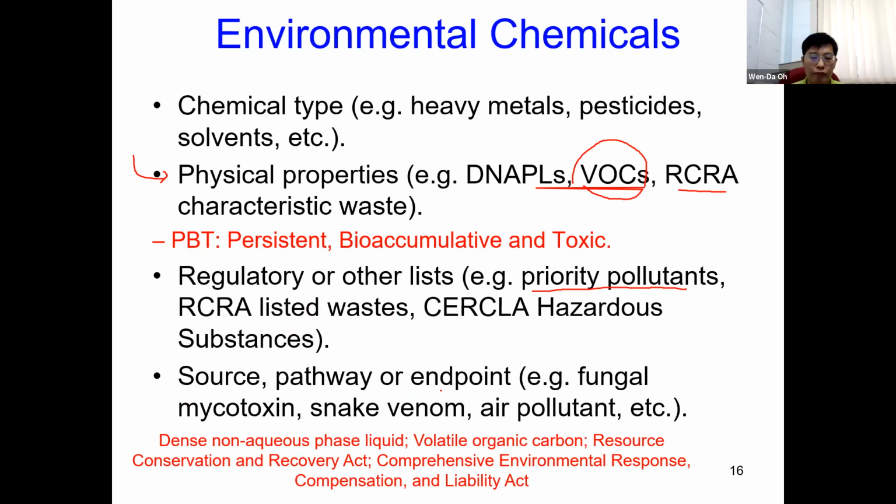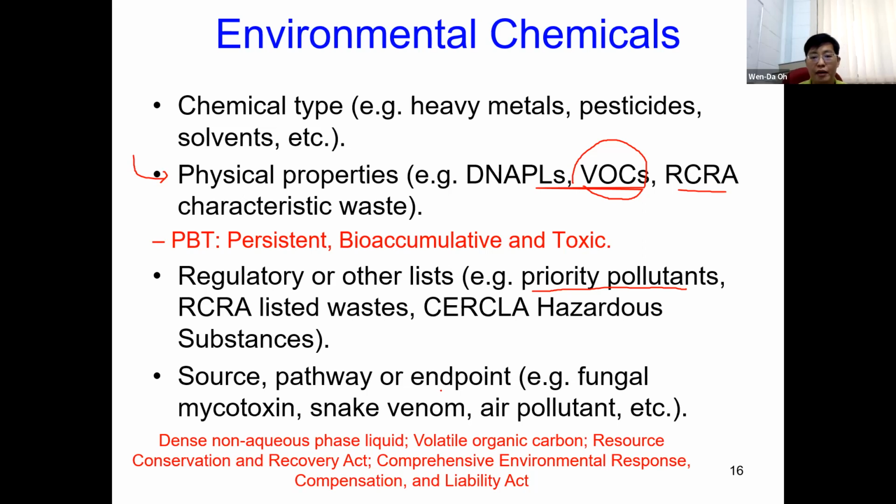So some people talk about classification based on pathway, like whether it can be transported through wind. Okay, let's say it is something that can be transported through wind, then we know that these chemicals may be volatile chemicals, right?